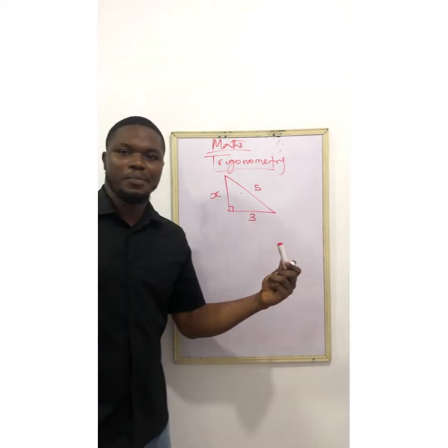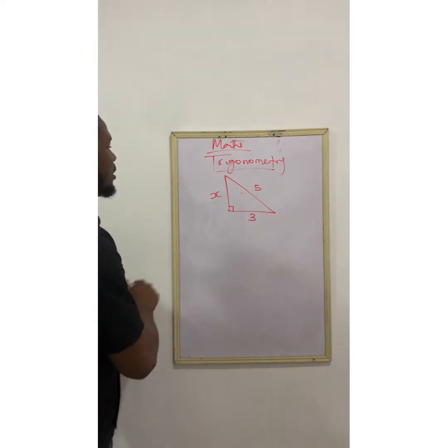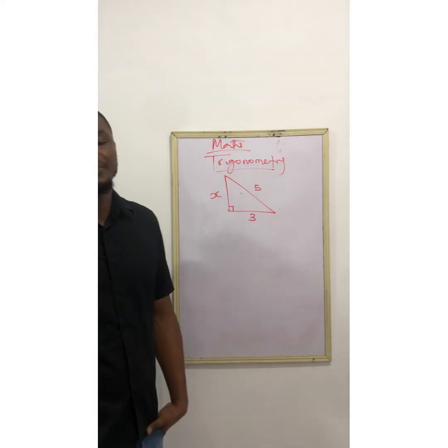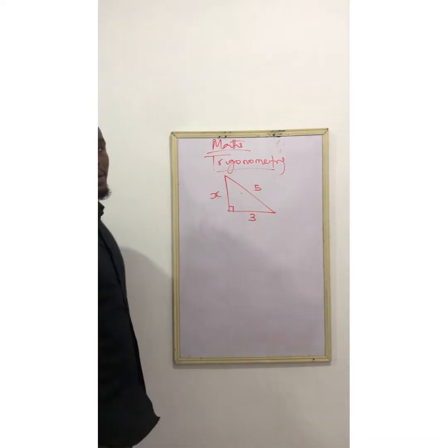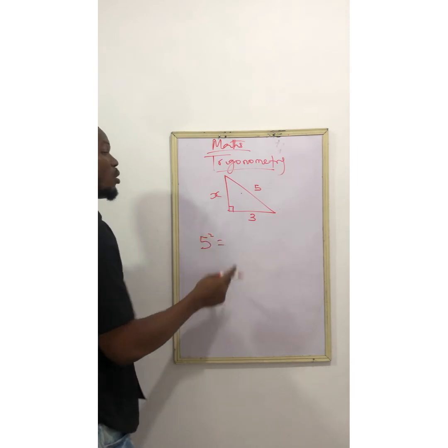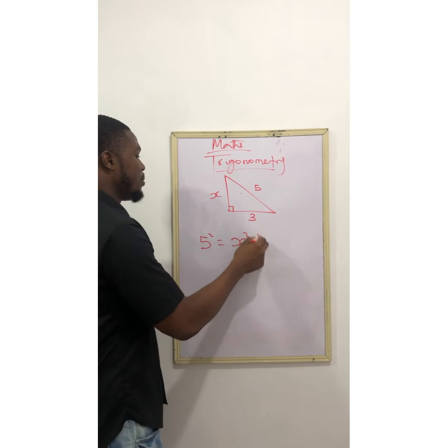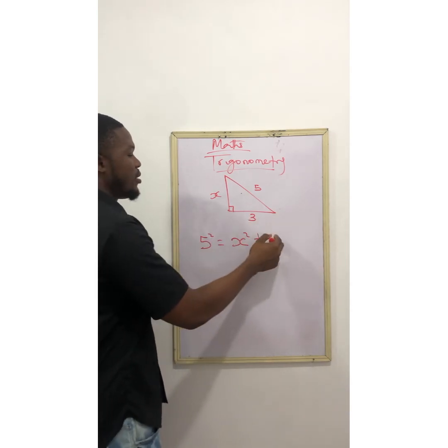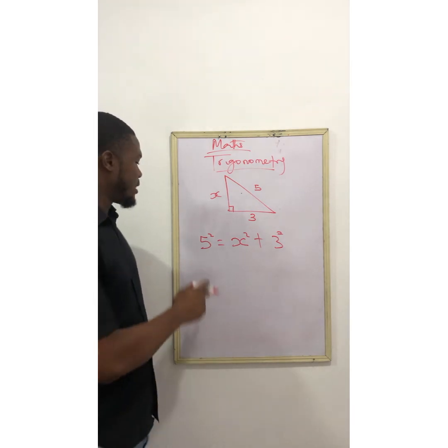Alright? Look at the question on the board. You're asked to find this side. Now, this is the hypotenuse. That will be 5 squared equals opposite, let's use it as the opposite, x squared plus adjacent, 3 squared. Now we're looking for x. What is 5 squared?